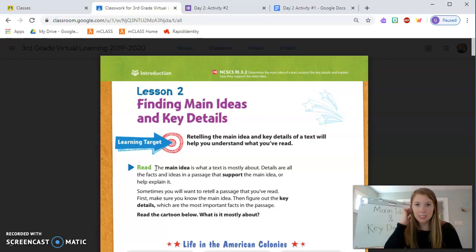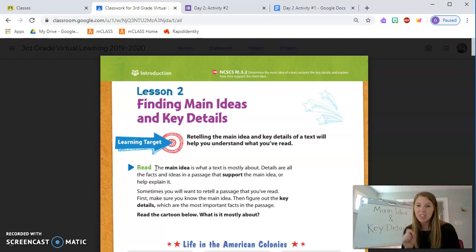I know a lot in life we have to retell things that happen and things that we read. So when we retell those stories, we need to make sure first we know the main idea and then tell the key details. The key details are going to be our most important facts in the passage, okay?